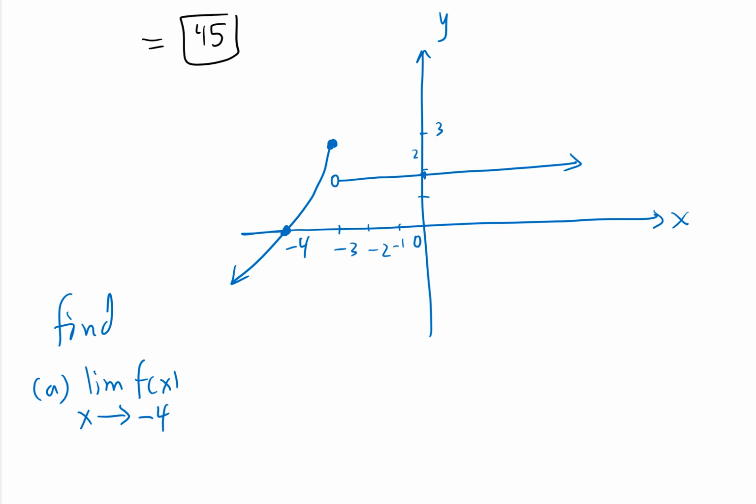To do that, we look at -4, which is here. If you approach from this side or that side, the y value is heading to 0.